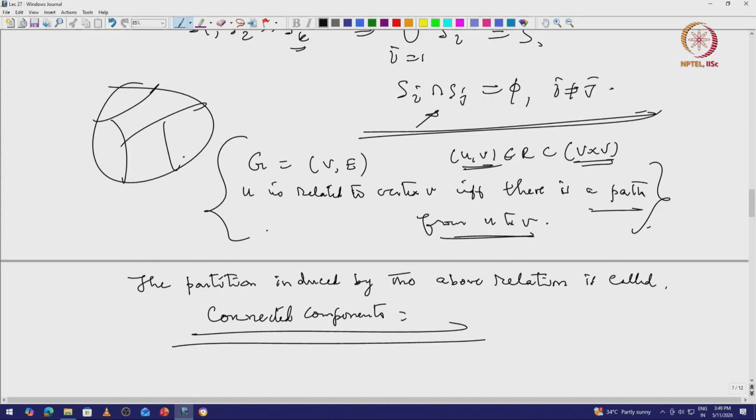So all the things which are mutually related are put in one cluster. All these things are related, and all these things are related, but nothing is related between this and this. Within each one all of them are related, it is a cluster. That is why it is called a connected component.